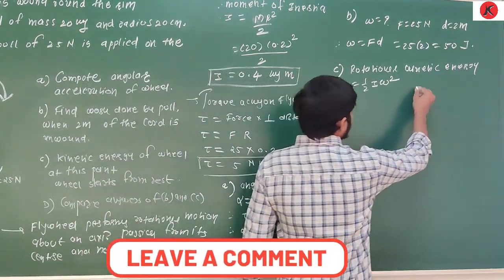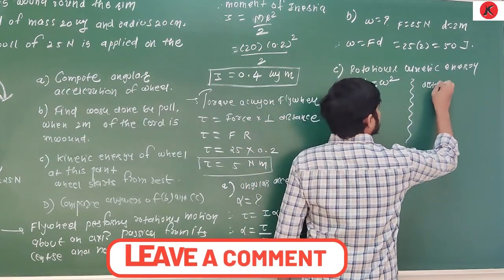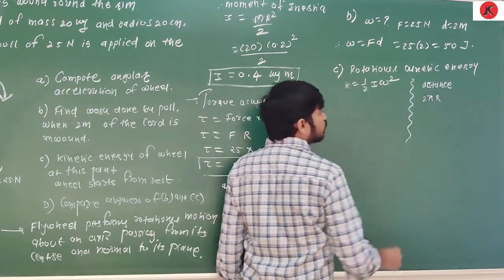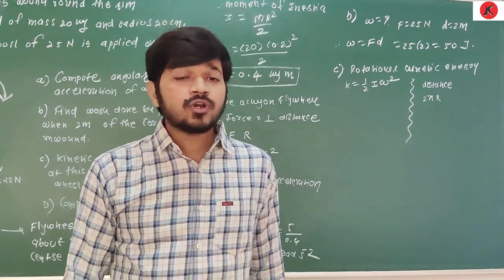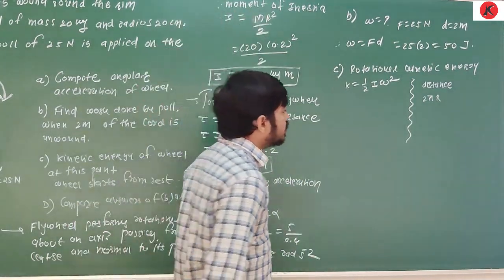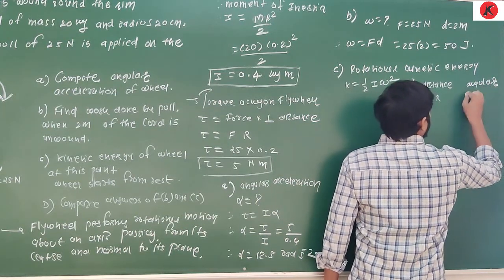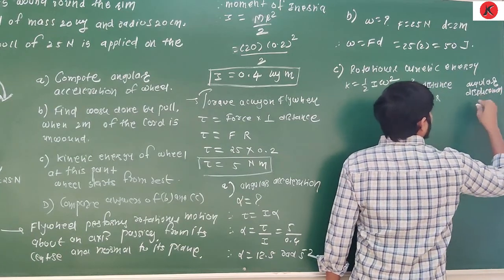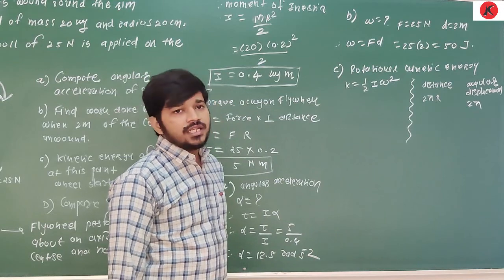See, we have one relation actually. For distance equal to circumference 2 pi r, the angular displacement is 2 pi radian.